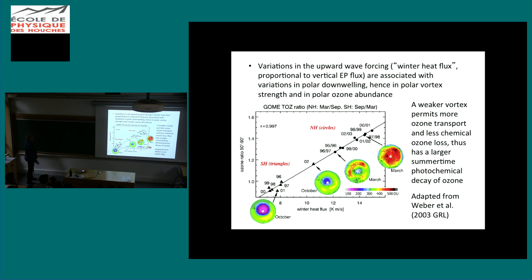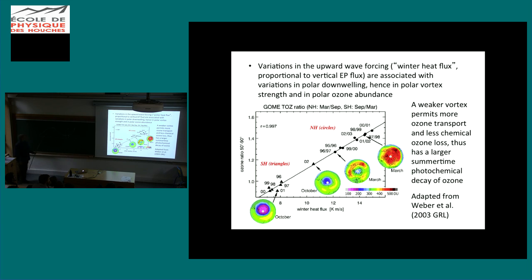If you have more wave forcing, then you have more ozone transport, and there's also, of course, ozone loss because of chemistry. In practice, this ratio will drop, and it may drop a lot in the southern hemisphere. We don't see the ozone hole exactly, because this only goes to 50 degrees, but you can see the ozone hole in these plots.